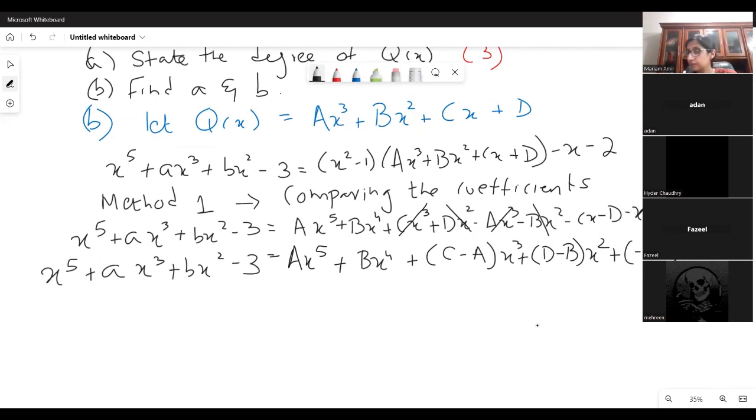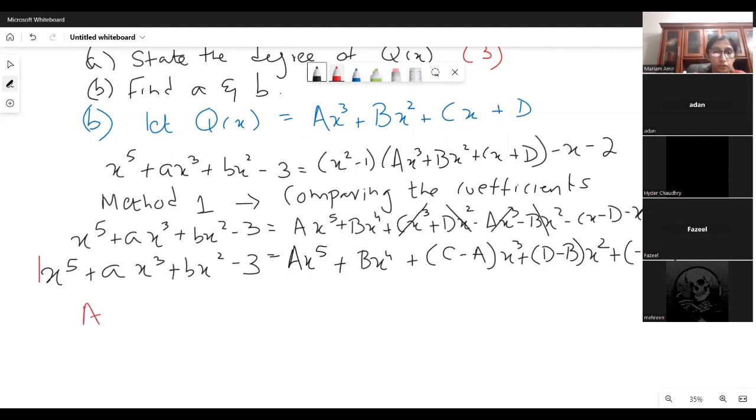So what is capital A equal to? We're comparing the coefficients. Yes, 1. Because we have a x power 5 there, and here we just have x power 5. That means we have 1 x power 5 there.